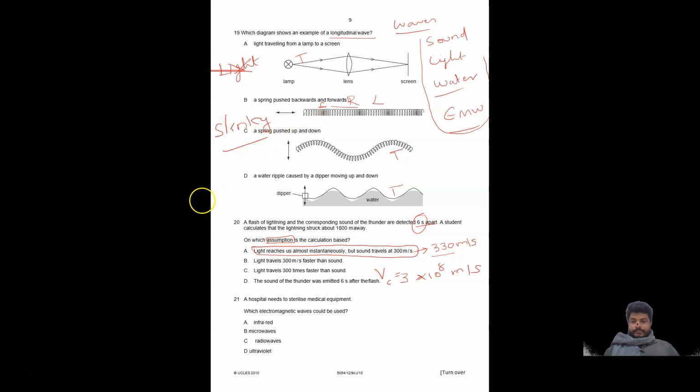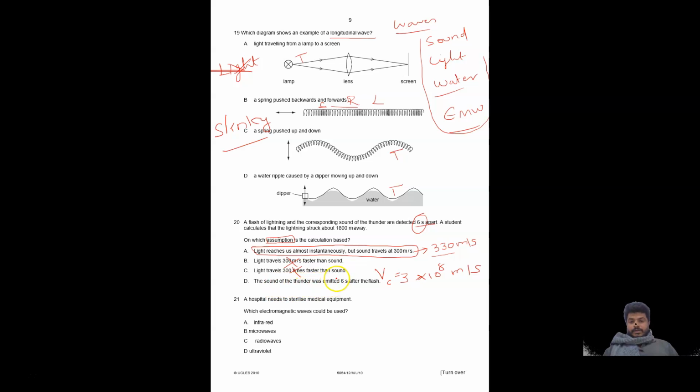Okay, students. So the other options: light travels 300 meters per second. Wrong. Light travels 300 times faster. No, it is much greater. The sound of the thunder was emitted 6 seconds after the flash.